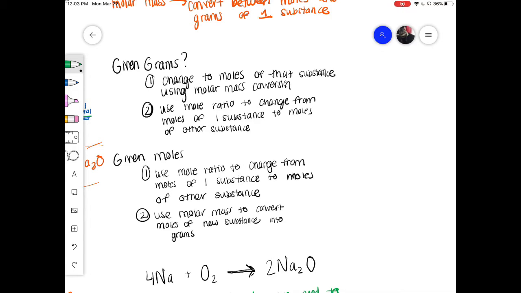Our second step is, once we're in moles of our new substance, we convert from moles of that substance to grams using our molar mass. Because our molar mass only allows us to go between moles of a substance and grams of that same substance, we use it second.